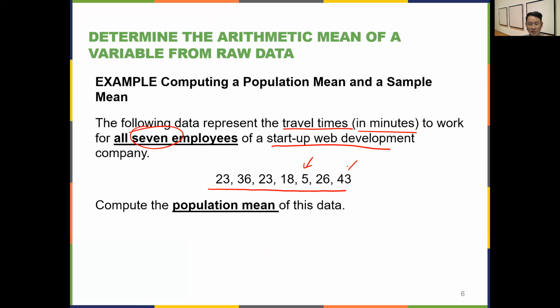This not-so-lucky person takes 43 minutes to get to work, right? And since this is everyone in that company, this is a small company, but still this says all 7 employees. That means this is population data, right? This is population data.